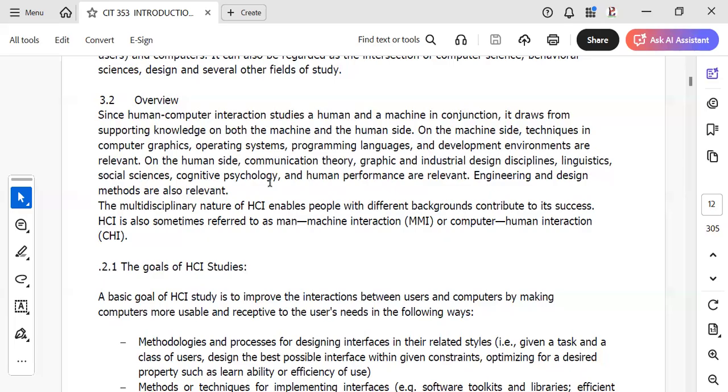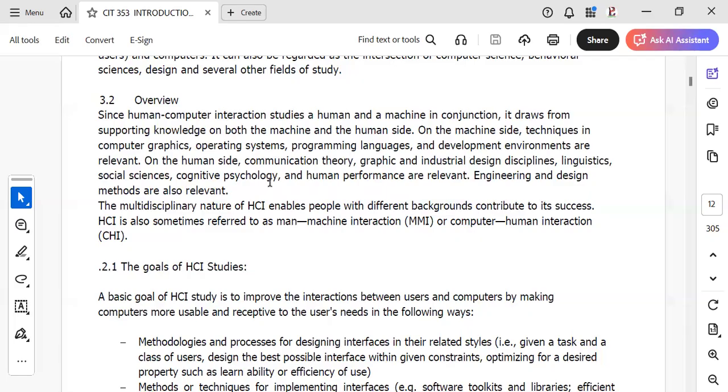What they're just trying to say in the overview is that in order for us to have an accurate study of this course, we need knowledge from both people in the human field, people that study human behaviors like psychology, like philosophy, and people in the engineering or the science department that study computers and development of machines. That's what they're trying to say here.